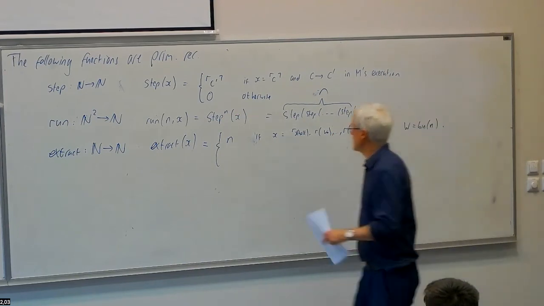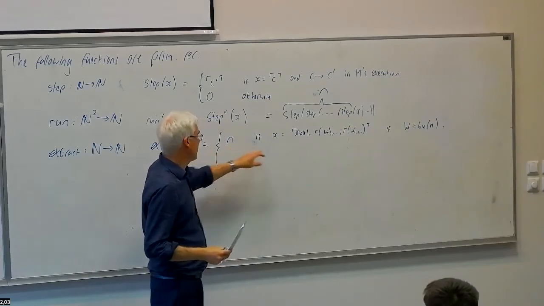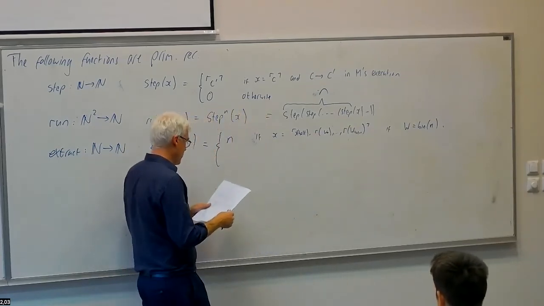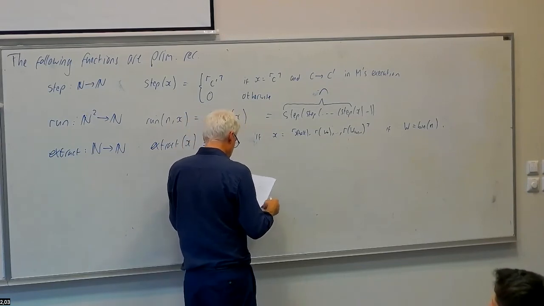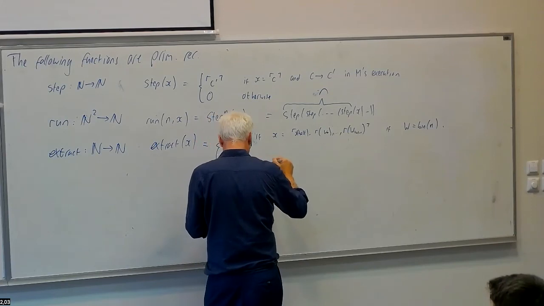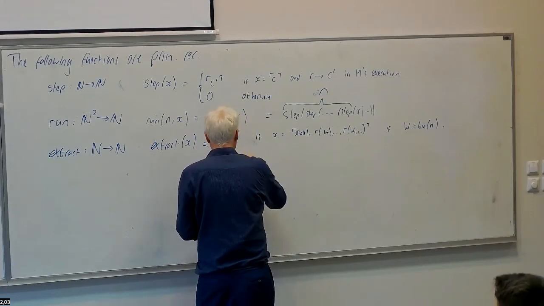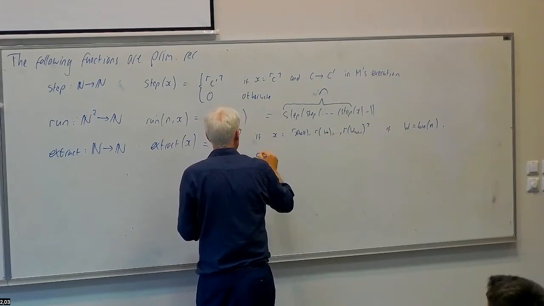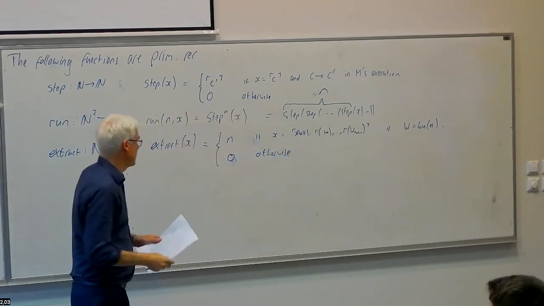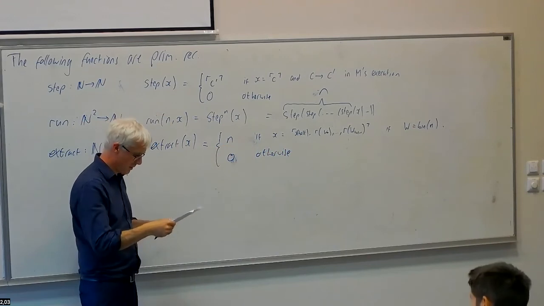So this is saying return the number n if we're in a halting state with the binary representation of n on the tape. And in this case, return 1. And again return 0 otherwise. It doesn't actually matter that sometimes n can be 0.